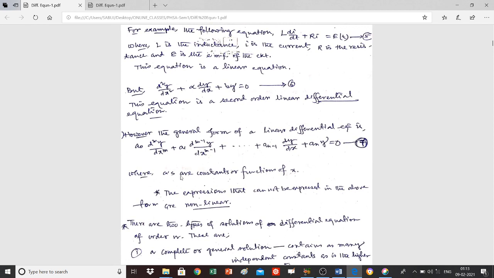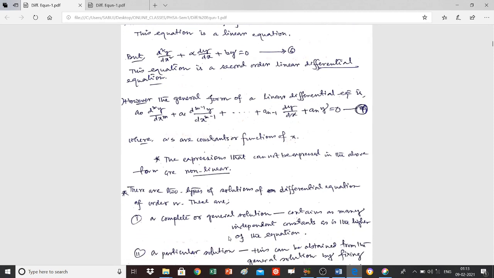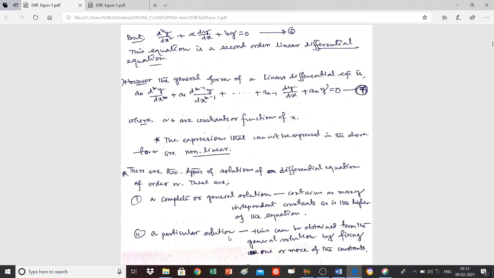Okay, and there are two types of solution of a differential equation of order n. One is a complete or general solution, and this contains as many independent constants as the order of the equation.